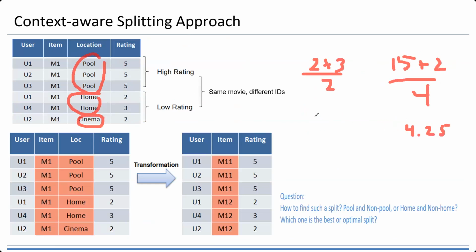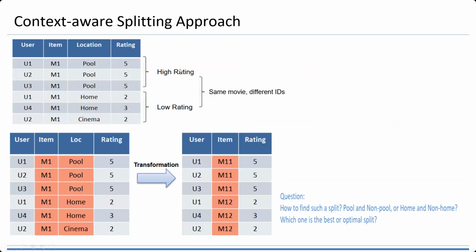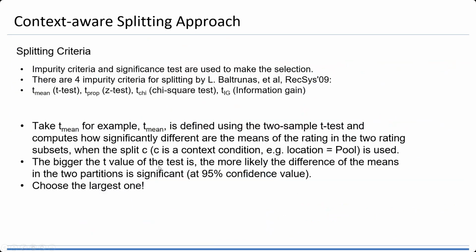And then we have 2.5. This is also a significant difference. So we need to choose the highest one. If we know this one, the other was 2.3 compared to 5. And then again, we check with different options. Cinema, non-cinema. Which one has the highest t-value will be chosen for the splitting.